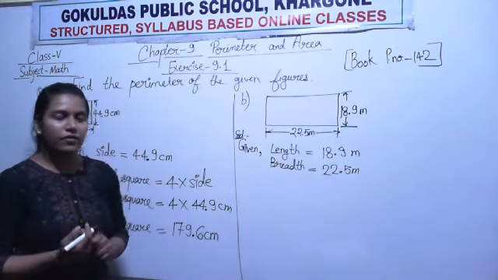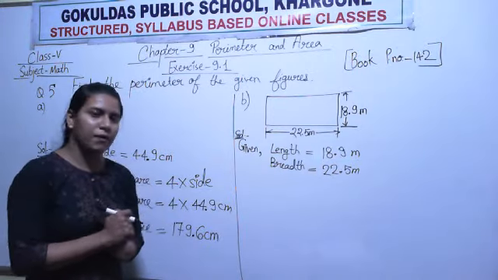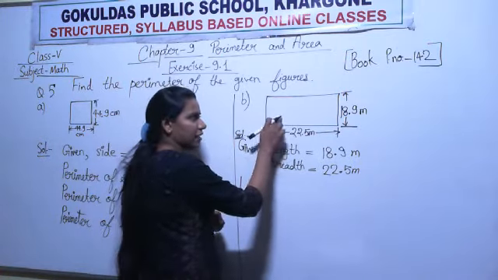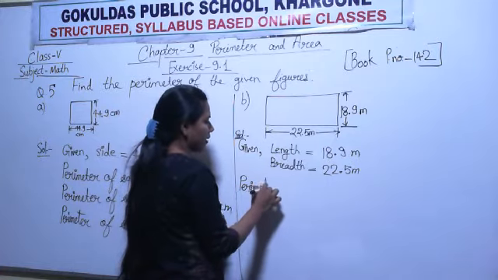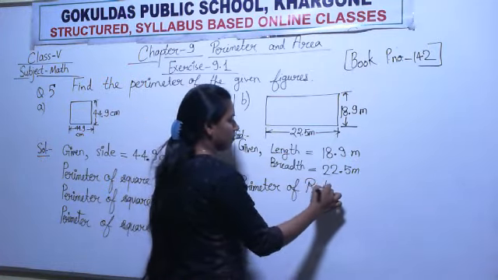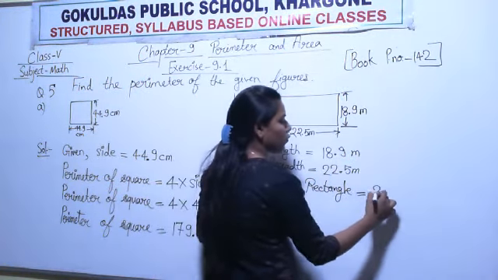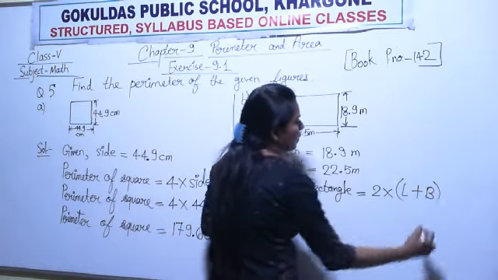These data are given. Here we are talking about length and breadth and we want to find perimeter of this shape. As we know that it is a rectangular shape, so we will use the formula perimeter of rectangle is equals to 2 multiplied by length plus breadth.